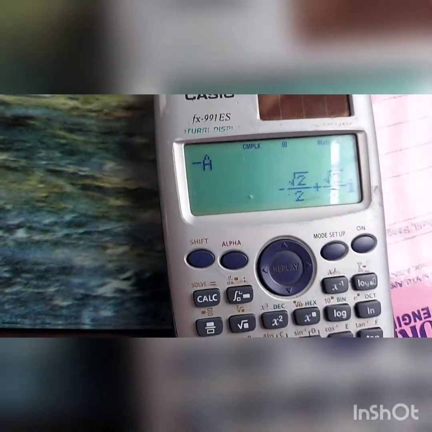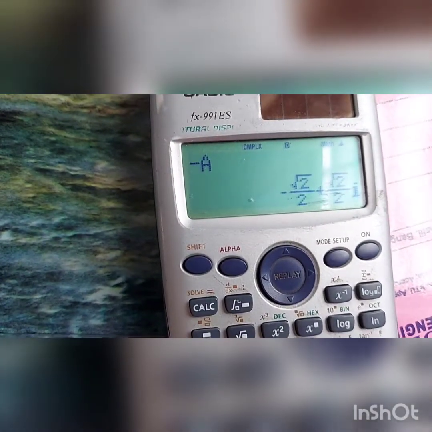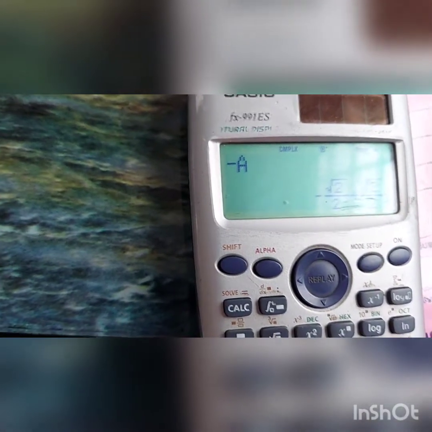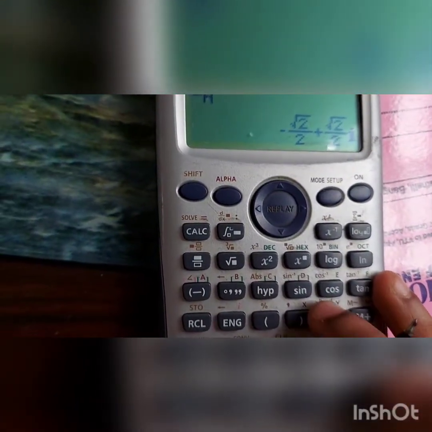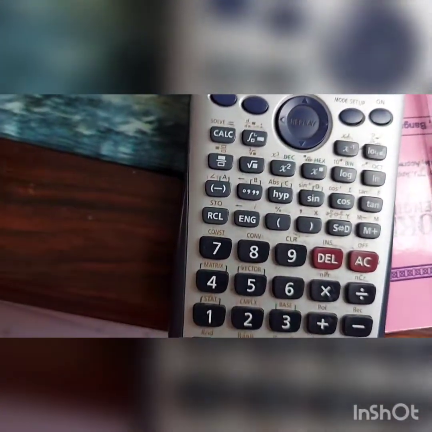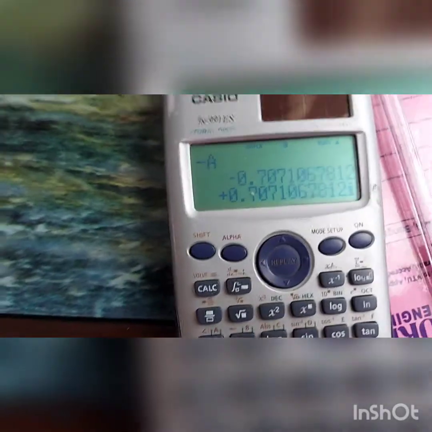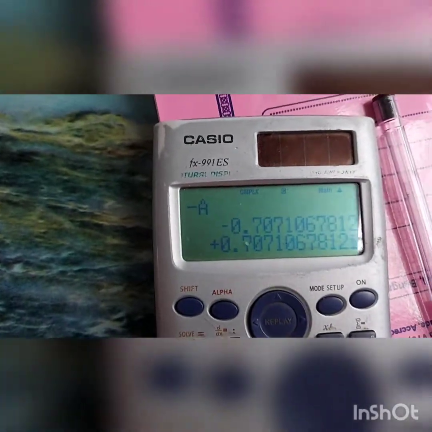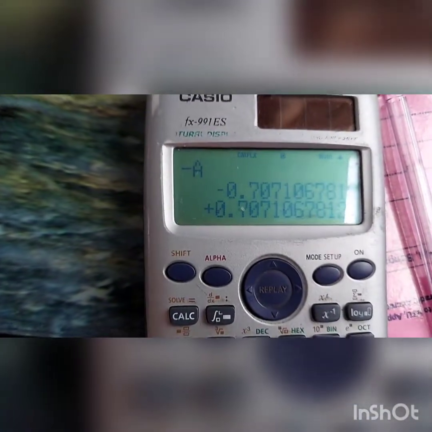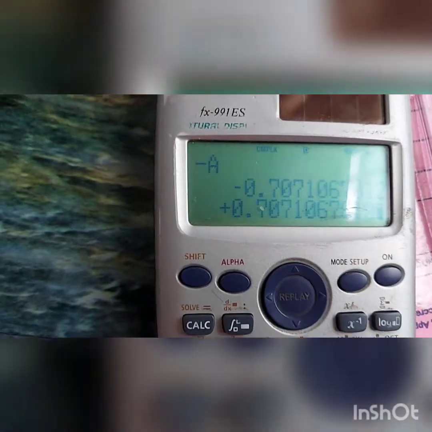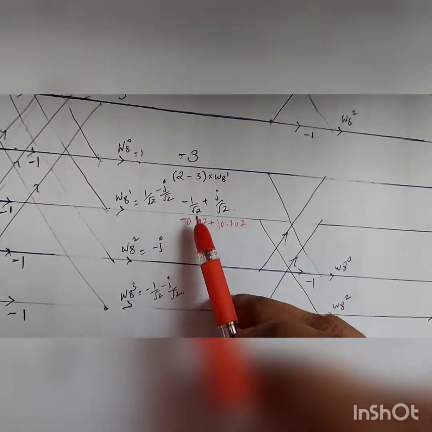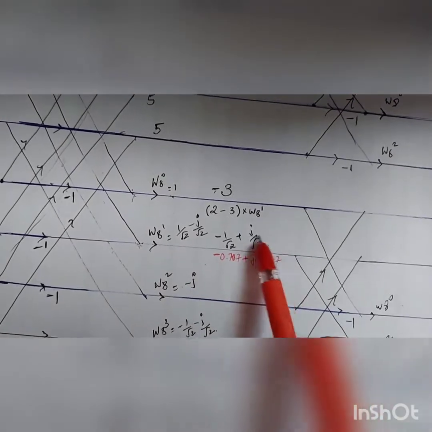The answer I get is minus 1 by root 2 plus j by root 2. I will use another pen and write the decimal value also, so that you don't have confusions. This is same as minus 0.707 plus j 0.707.